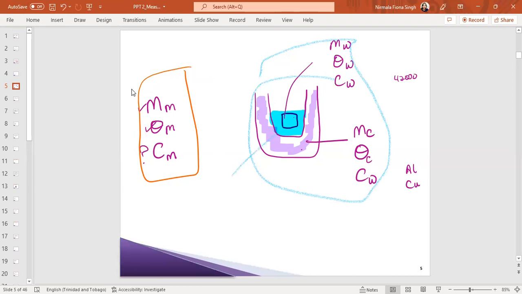One, my hot object is going to cool down. And on the flip side, the energy lost by my hot object is going to warm up both the water and the calorimeter. So we have a simultaneous motion of heat. One goes hot and one goes cold, and none is lost. Are you okay so far, everyone?